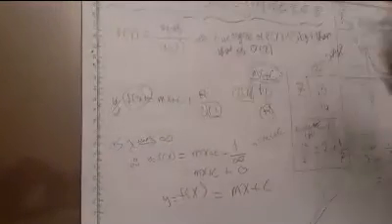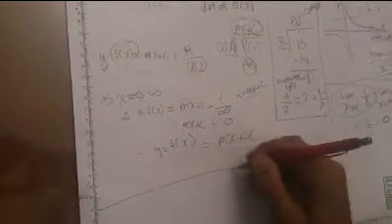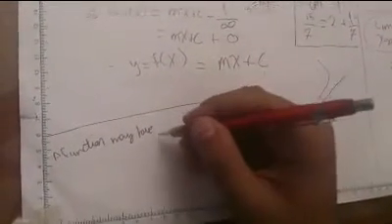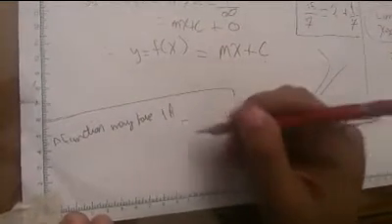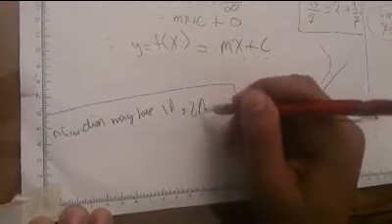I want to say something. A function may have one asymptote or two asymptotes. Why?